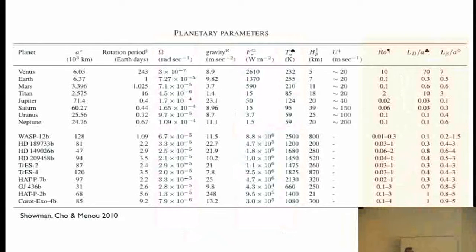So not knowing a priori the wind speeds on those planets, you have a range of possible values here for the Rossby number and the Rhines scale. But the thing you'll notice is that the Rossby number is approaching unity or slightly less than unity for a wide range of plausible velocities.